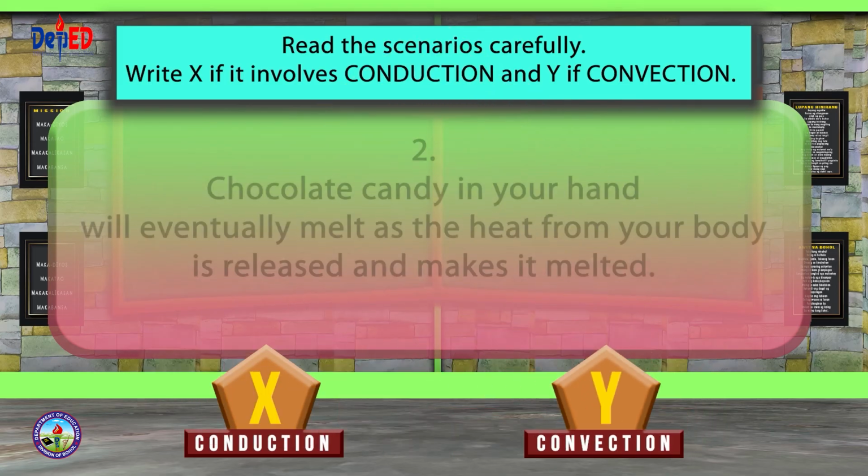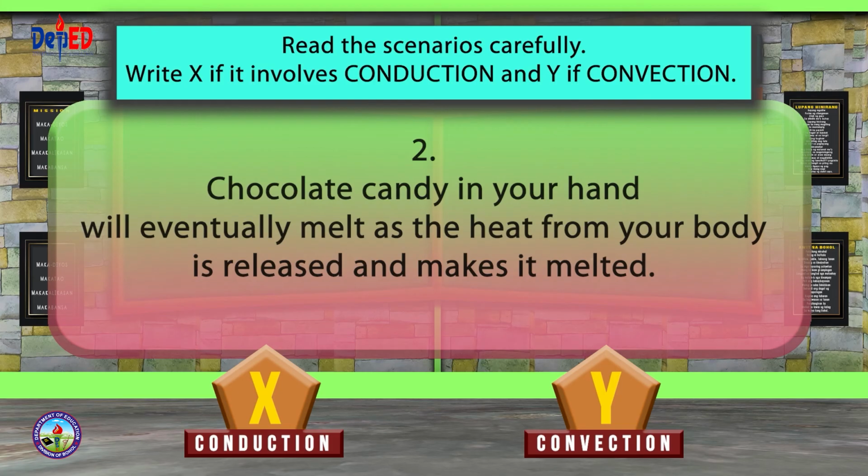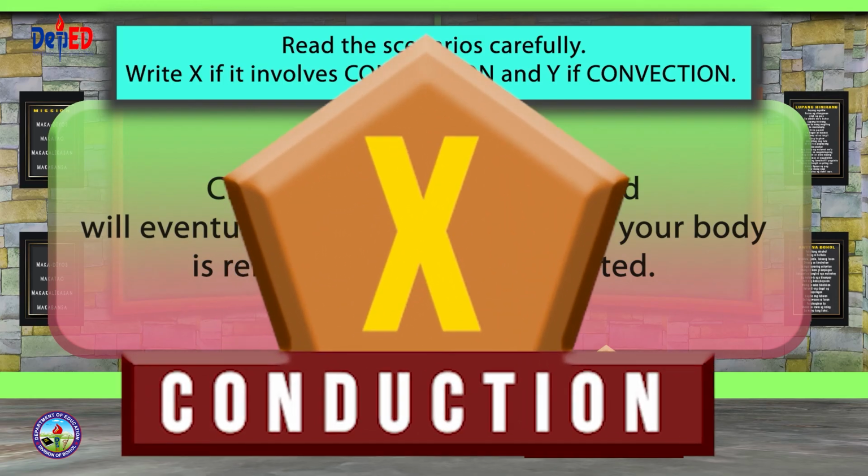Number 2. Chocolate candy in your hand will eventually melt as the heat from your body is released and makes it melt. Okay, the answer is conduction. Very good.